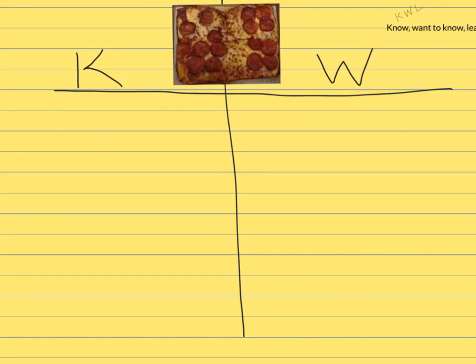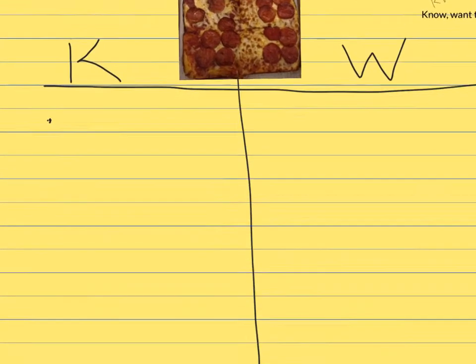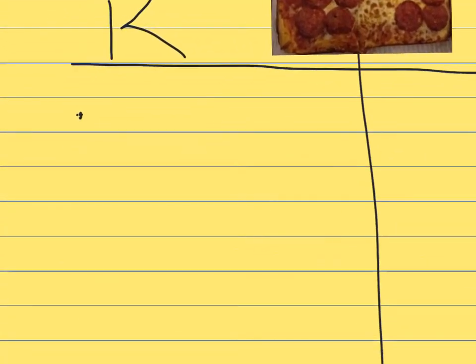So the first thing that we're going to do is look at what we know about pizza. Okay? And you can have facts or opinions in here, and my first statement is going to be an opinion. It tastes good.